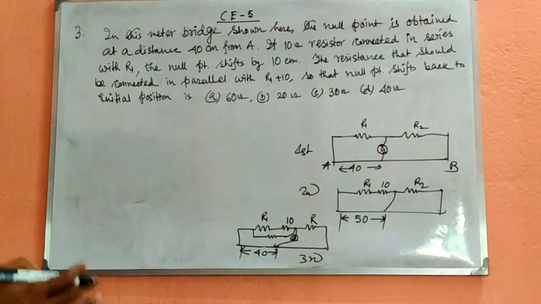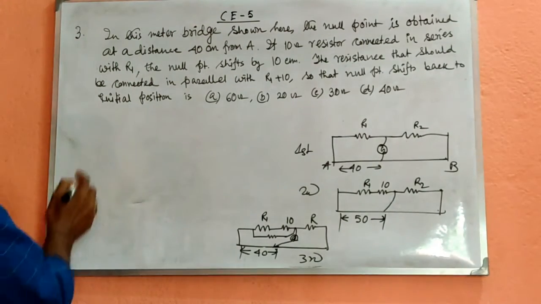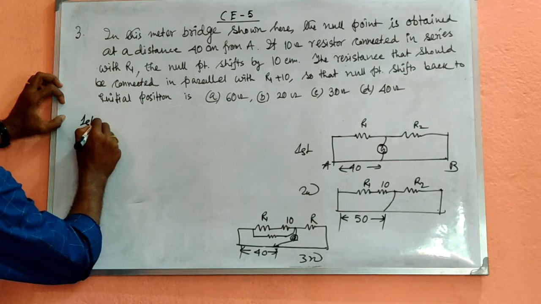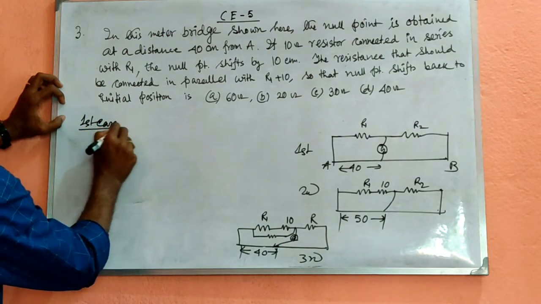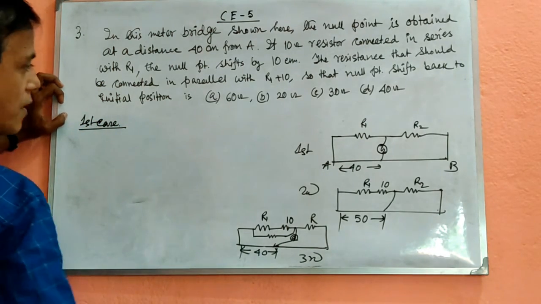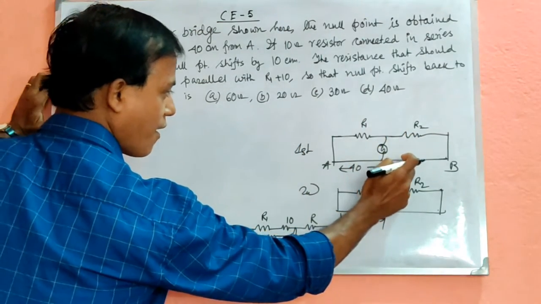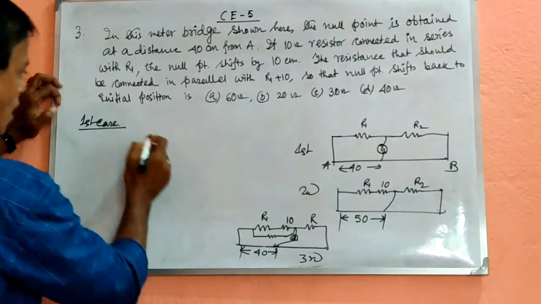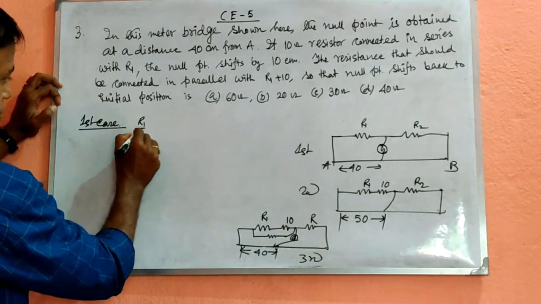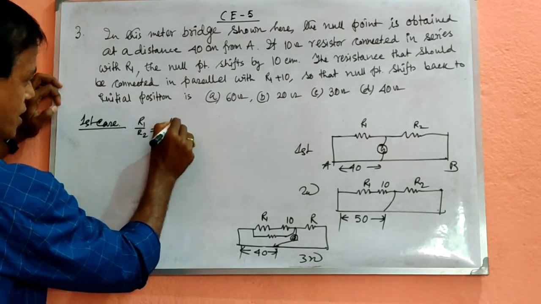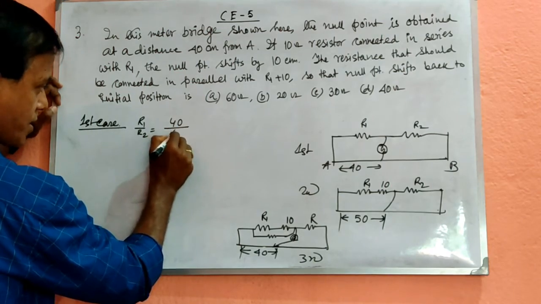I am solving this problem step by step. In the first case, R1 by R2 is equal to 40 by 100 minus 40, so R1 by R2 is equal to 40 by 60.